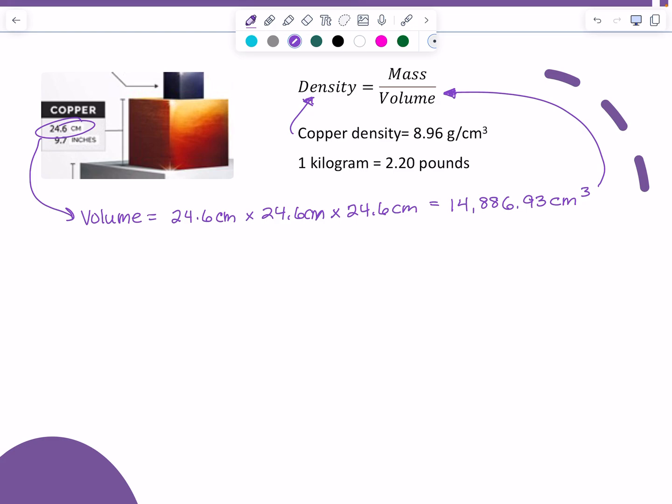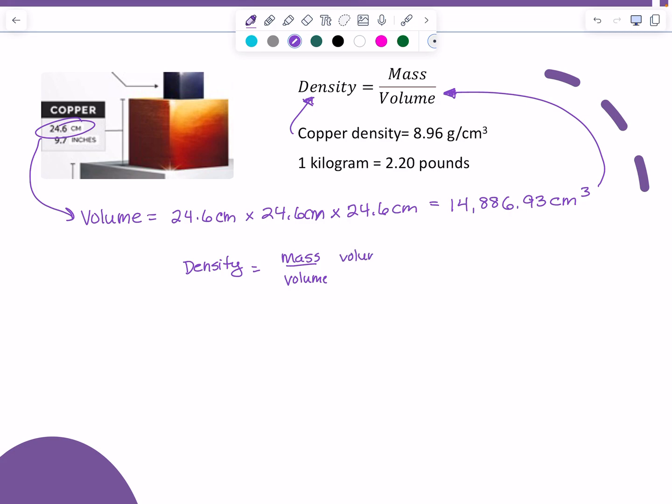All right. And again, going back to our mathematical principles, if I do one thing to one side of an equation and I do the same thing to the other side of the equation, it's okay, right? So if I want to solve this equation for mass, we can multiply both sides by volume.